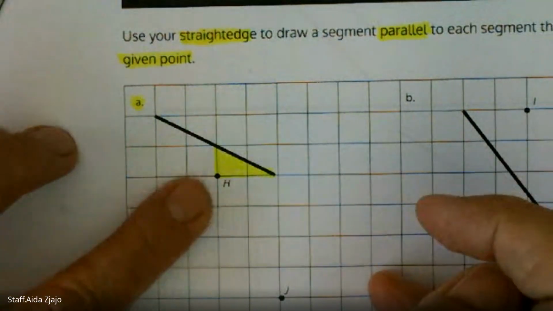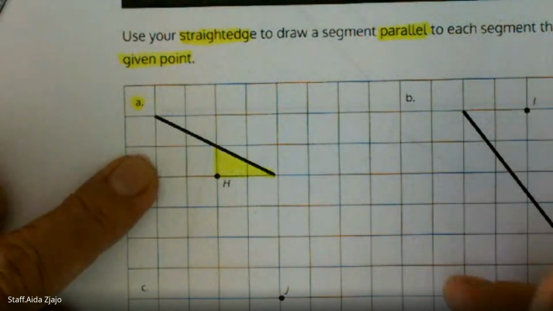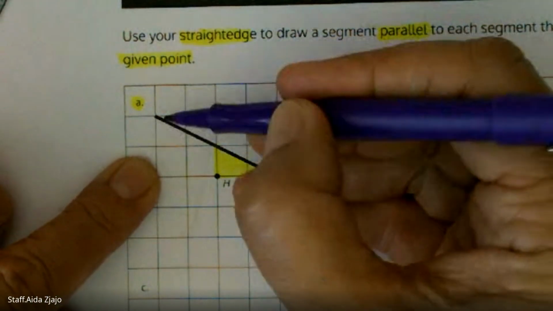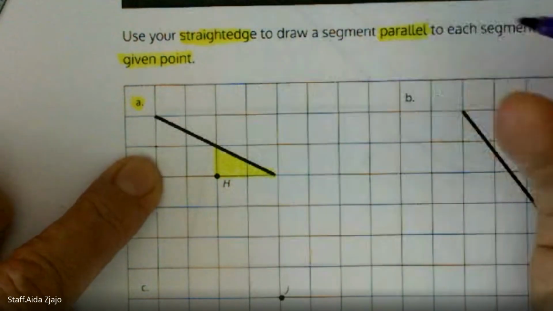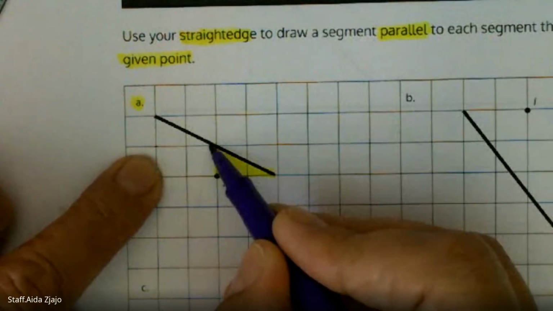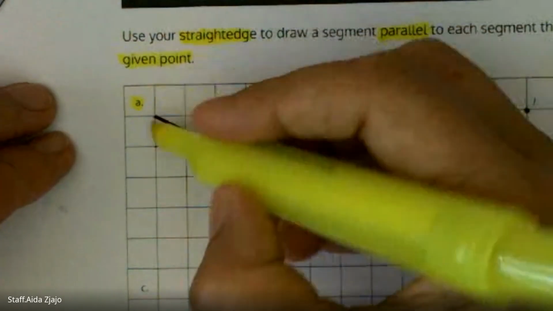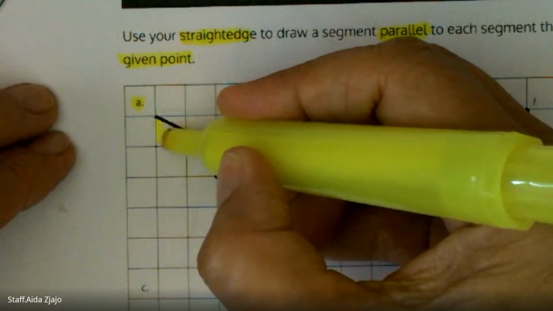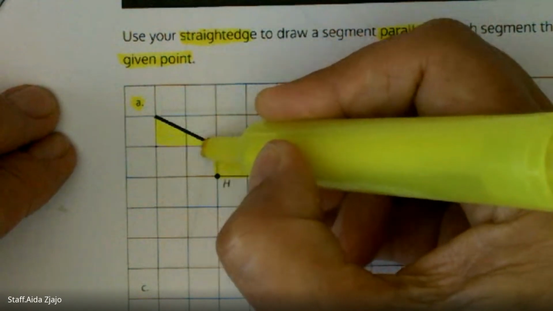So now I'm looking for somewhere here to do the same triangle, so I can make a line segment. If I start right here, that would be height 1, and 1, 2 would be my base. So I found another triangle that is congruent to the first.